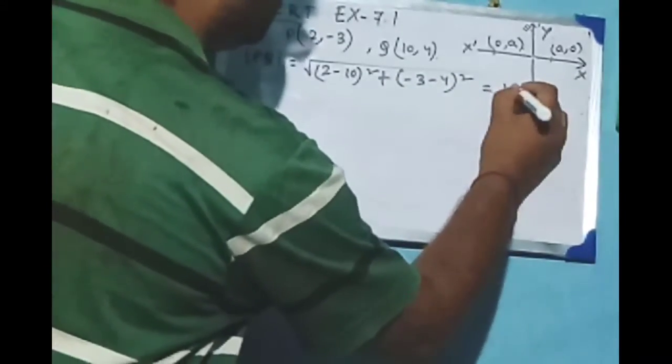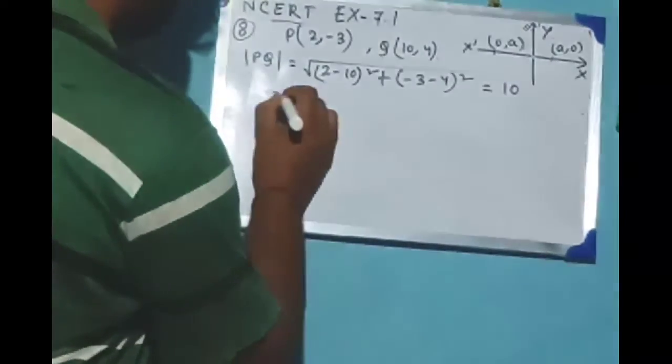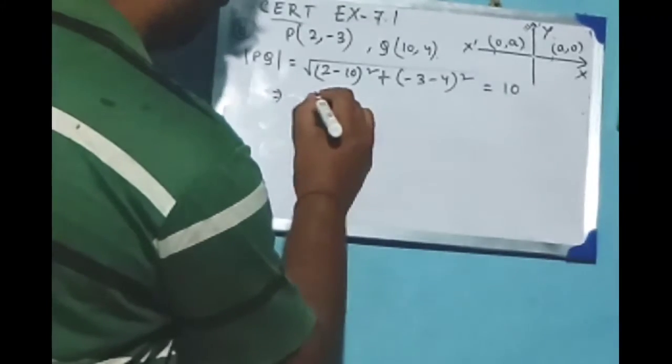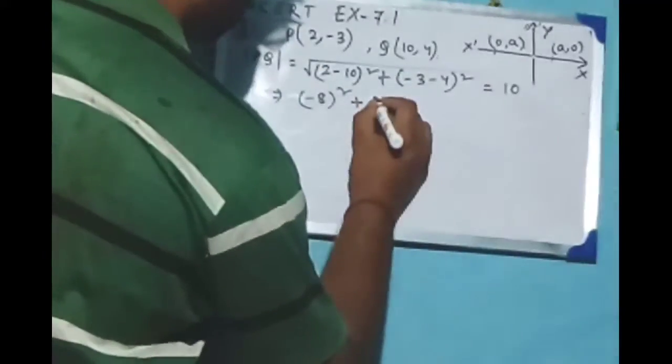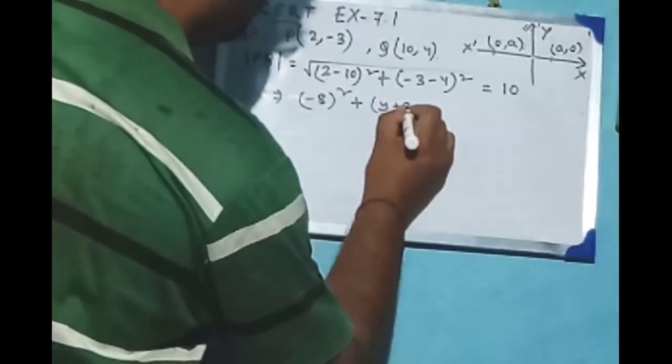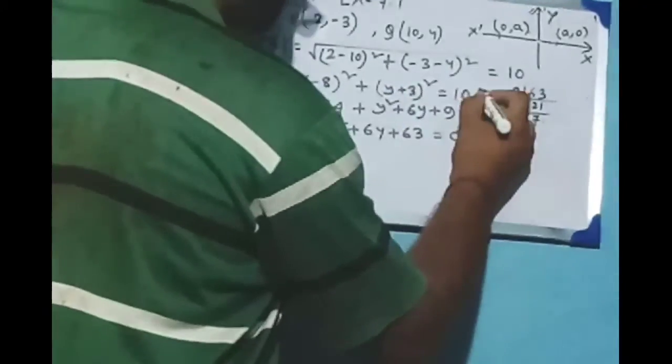This distance is given as 10 units. Now from here, this will be (-8) whole square plus (y plus 3) whole square. So this will be 100.